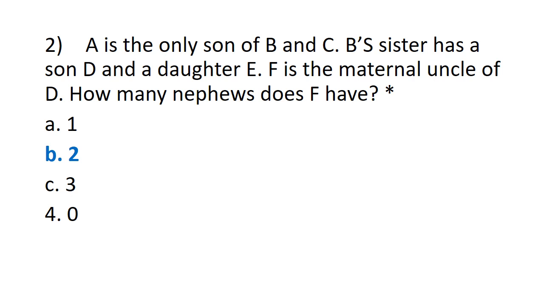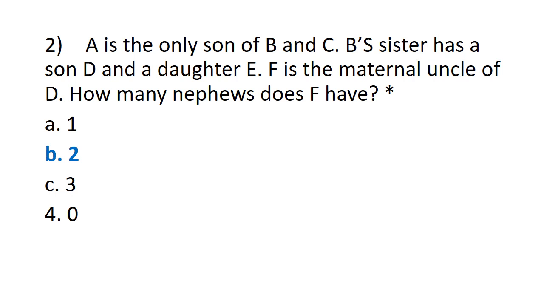So children, clearly in this question, F is the maternal uncle of D, alright? Means F is the brother of D's mother. That is, F is the brother of C. C is the sister of B. So F is the brother of B, who is A's mother.